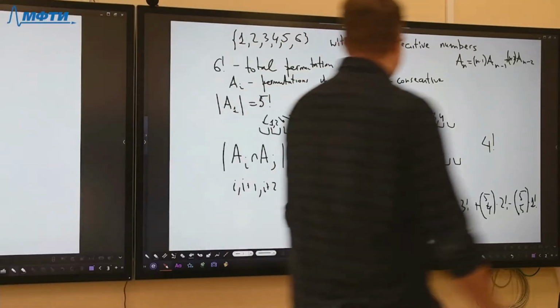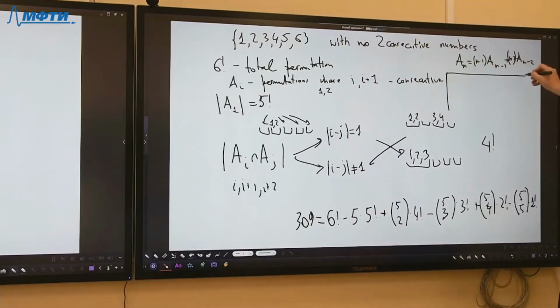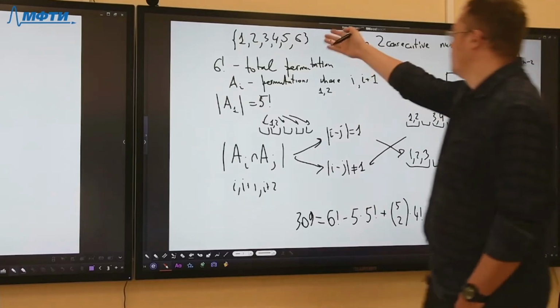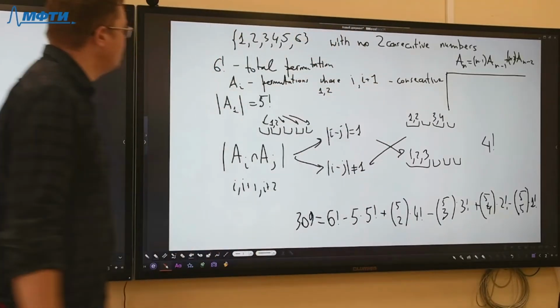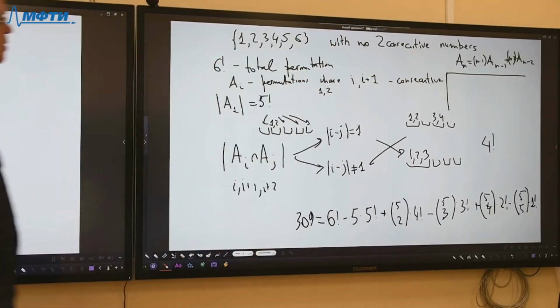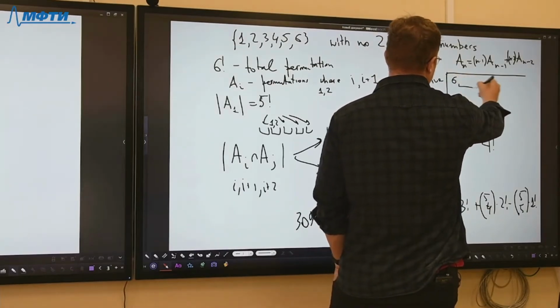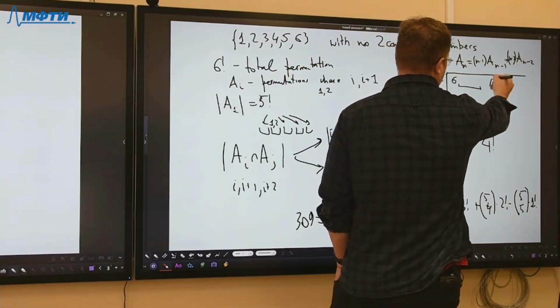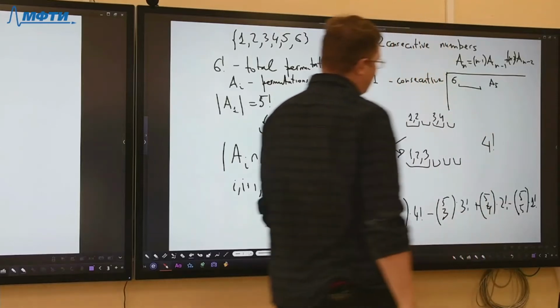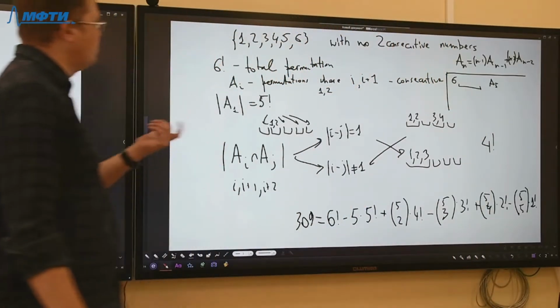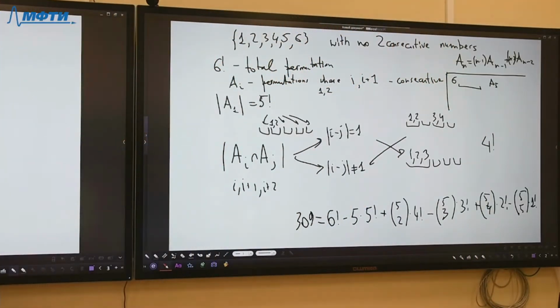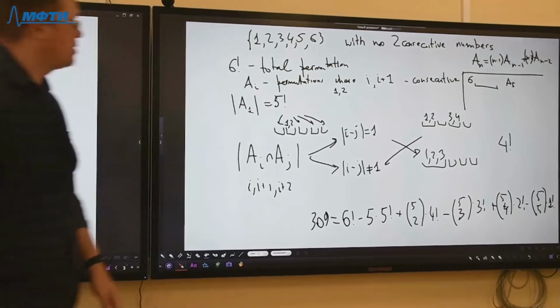The idea, I think, is that you just look where you put number 6. Of course, if 6 is in the first position, then you just need to calculate the previous case, because you just look at all permutations of 1, 2, 3, 5 with no two consecutive numbers.